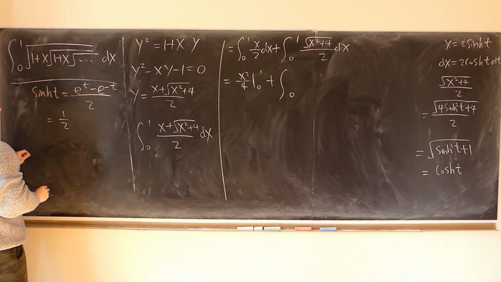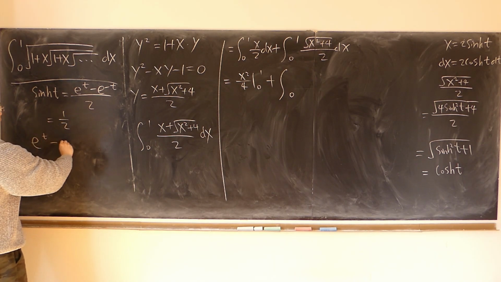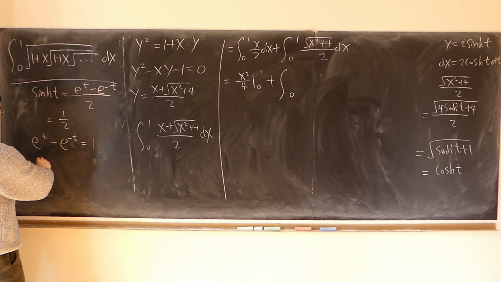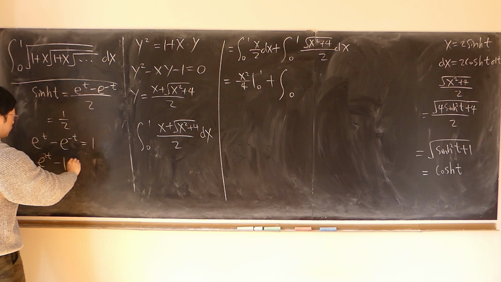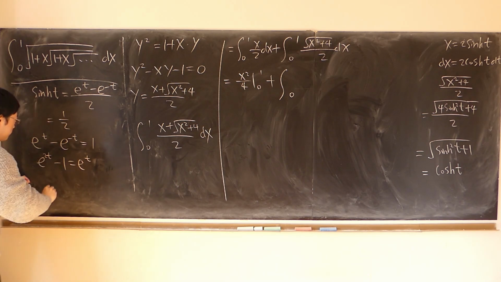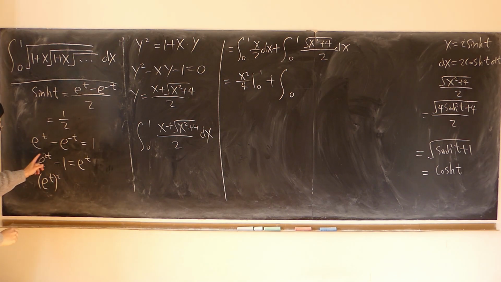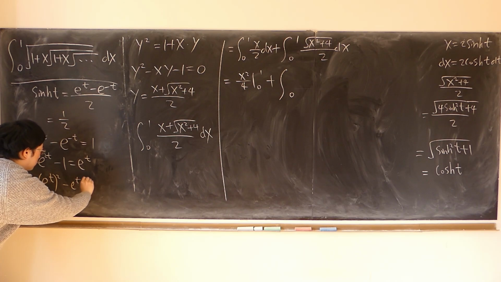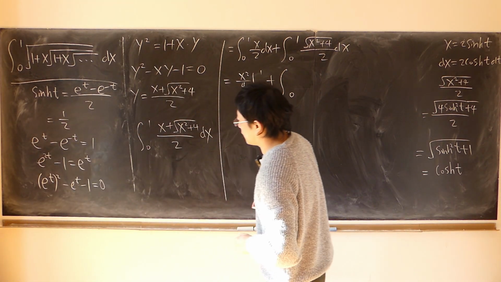When does that happen? Well, that's just e to the t minus e to the negative t equal to 1. Okay, multiply e to the t on both sides. E to the 2t minus 1 equals e to the t. So e to the t squared minus e to the t minus 1 equals 0. I solve for this quadratic.